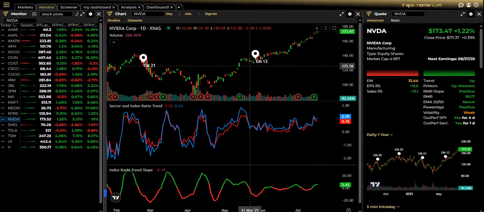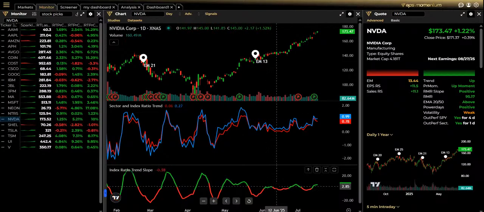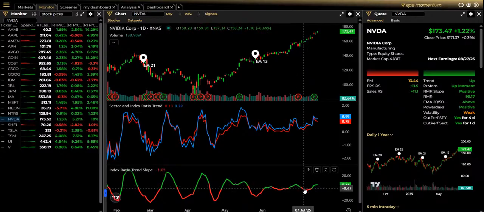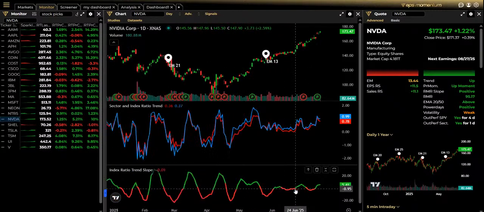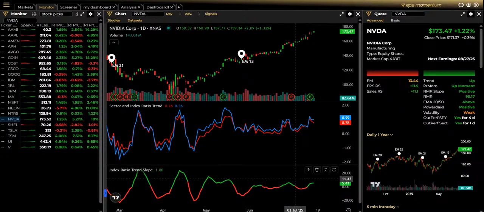A little negative here, so there's a plateau where the market does a little bit better. That's because of the earnings. A little negative here, it's kind of plateauing, and then bullish, but it looks like the market is rallying more than the stock, so it's underperforming a little bit. This is very useful to see where we are.